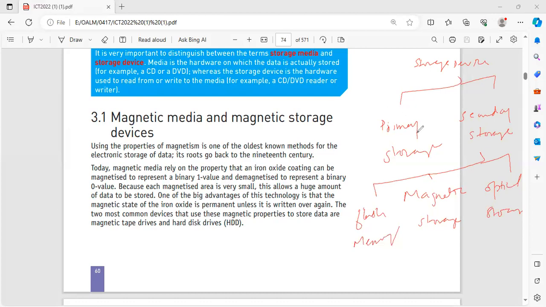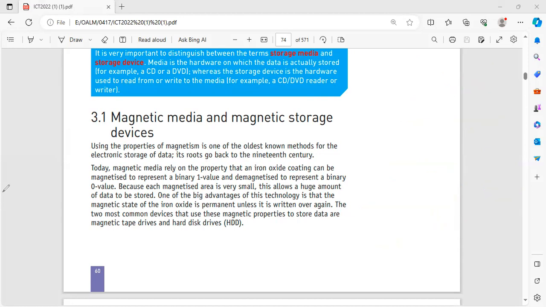So these were the storage types. Now you can go through this one. Basically, magnetic storage.